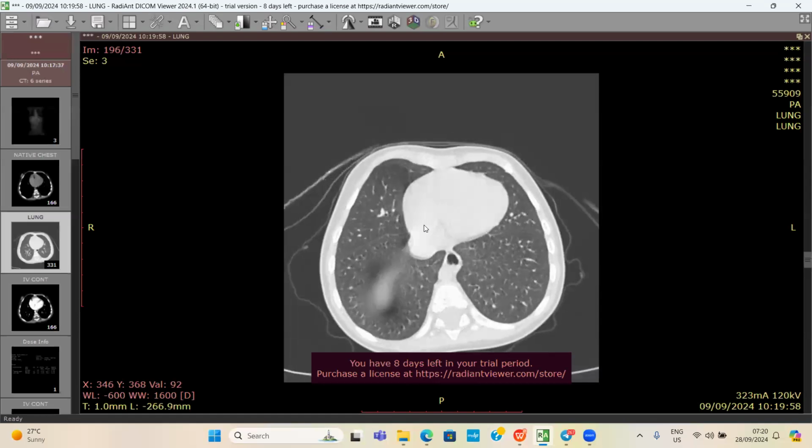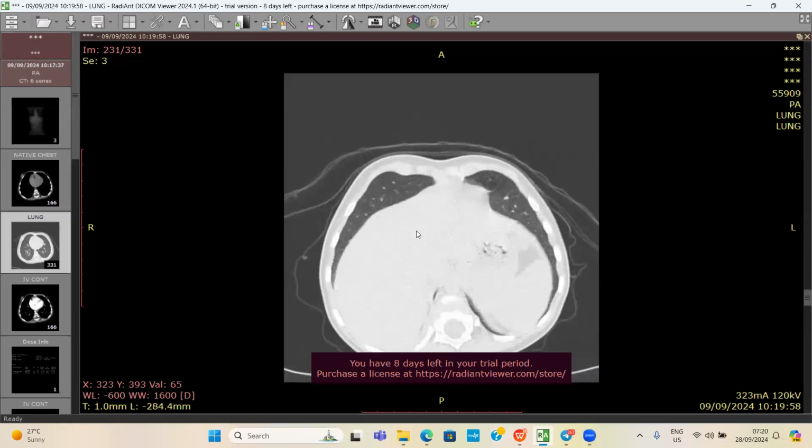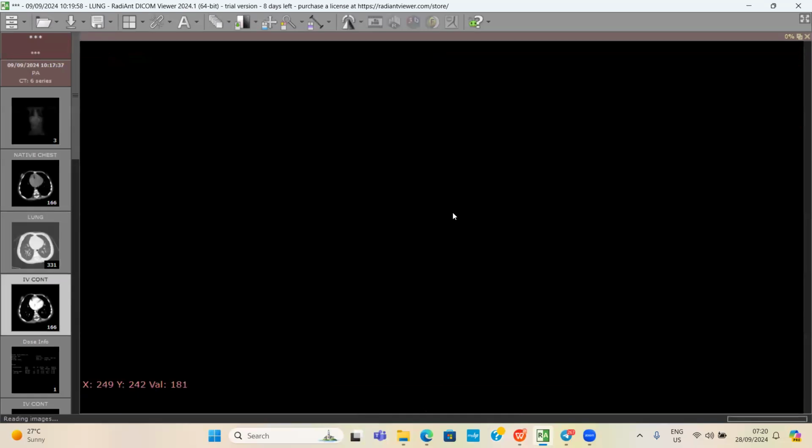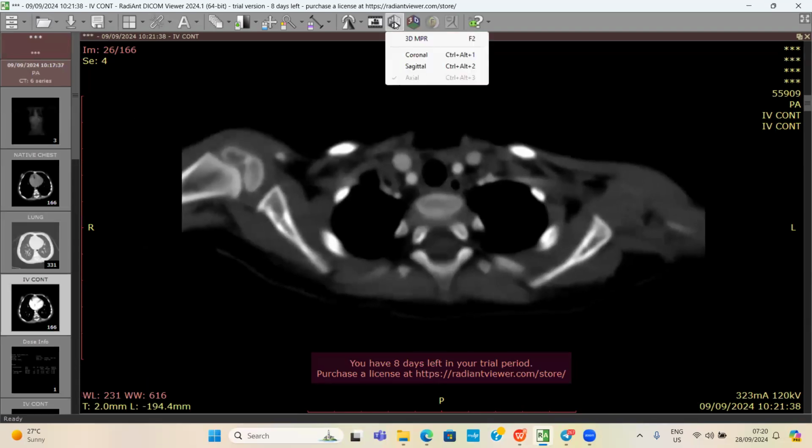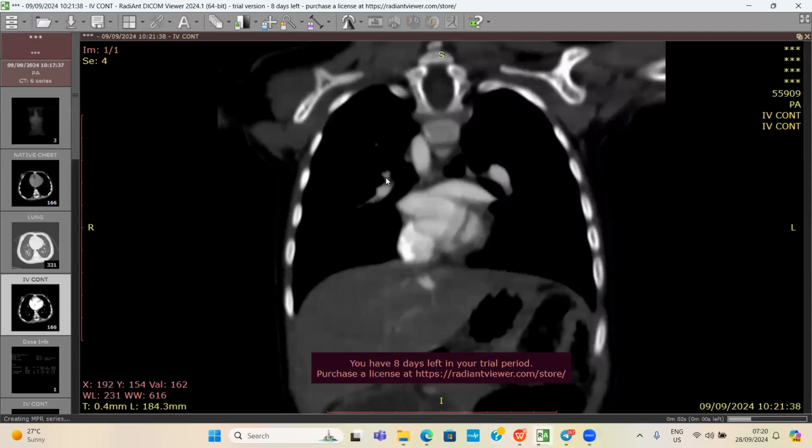All right, so we have a multiple section CT scan of the chest of this small baby with IV contrast, showing small pulmonary vasculature, including pulmonary trunks and main branches.